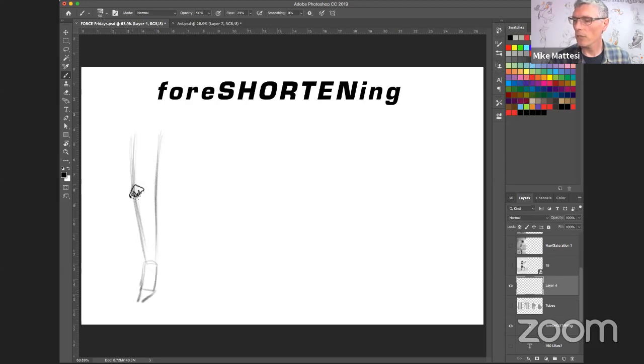Right around here is the elbow. I'm going to try not to put too much anatomy in this. So here's an arm, right? And we have it at this height, or length, I should say. Let's stay with length.